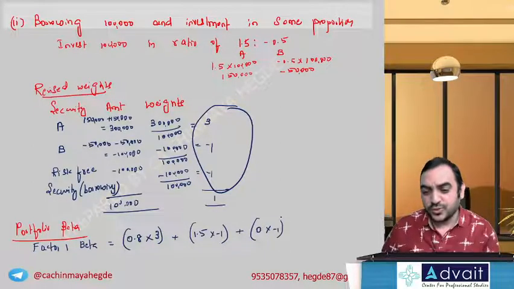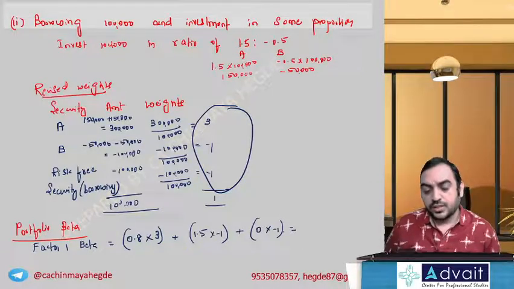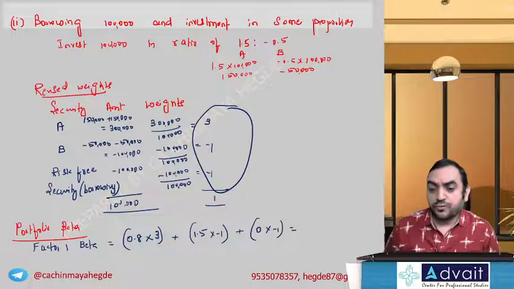That one is anyway 0, so you can ignore that. So 0.8 into 3 is 2.4, minus 1.5, you get 0.9.